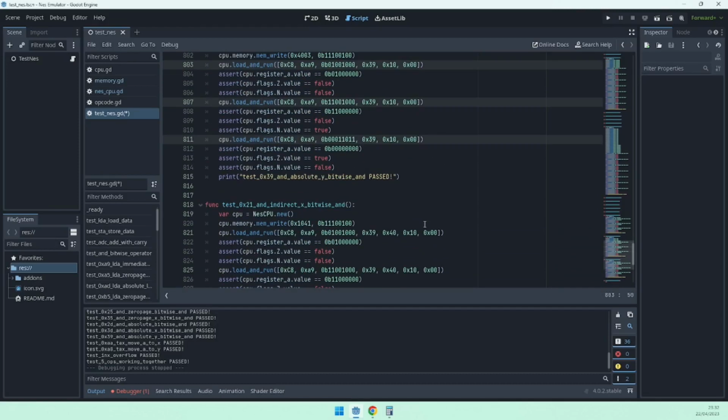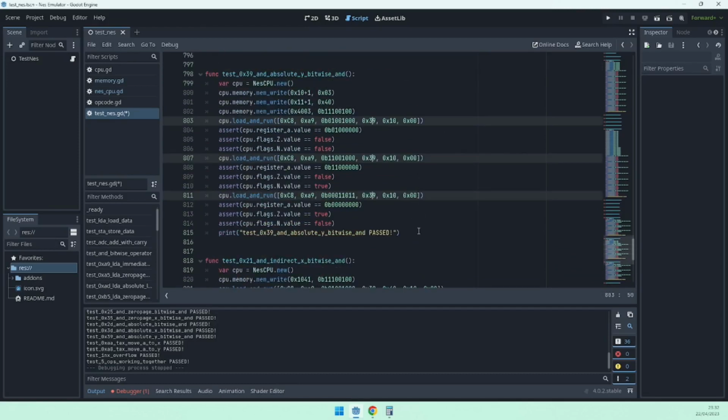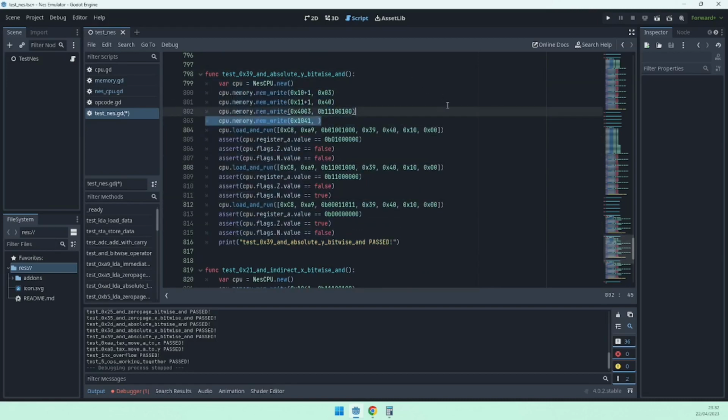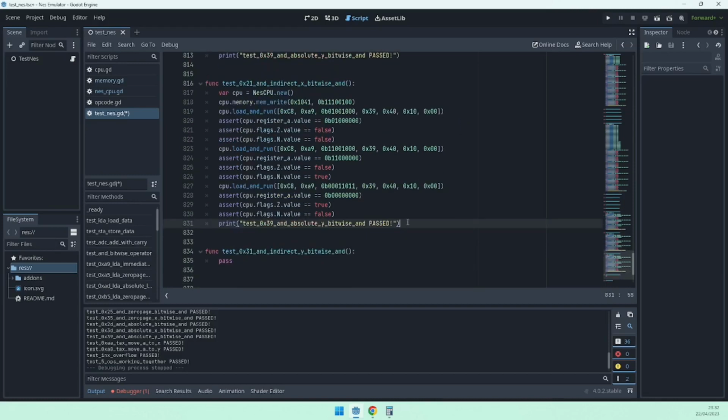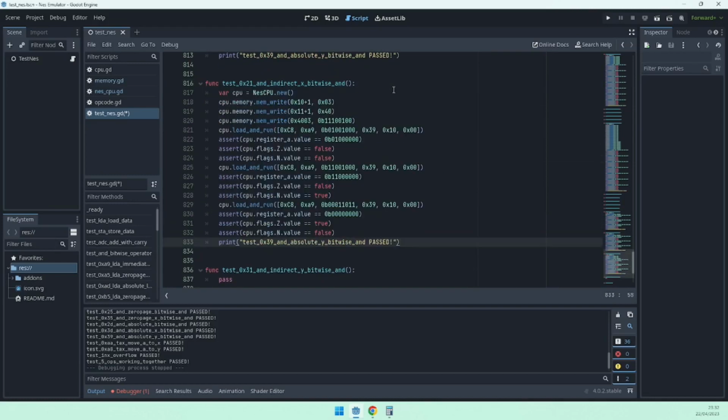Wait, oh, I am changing the wrong one again. Okay, now let's see. It's 21. So we increase X. So this should be E8.